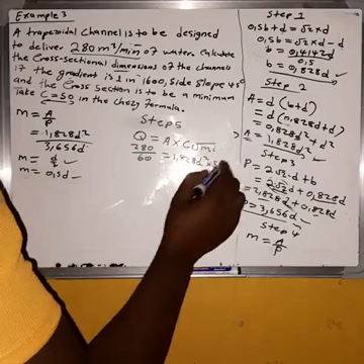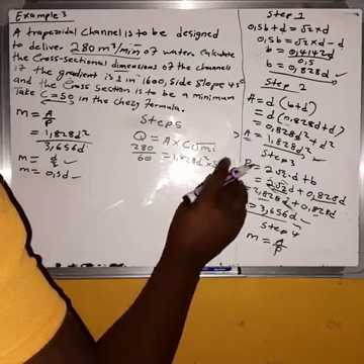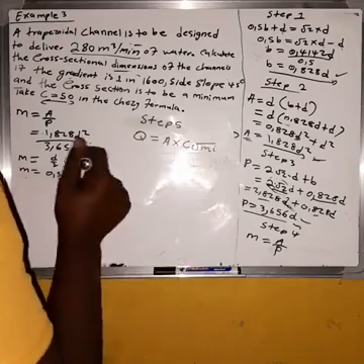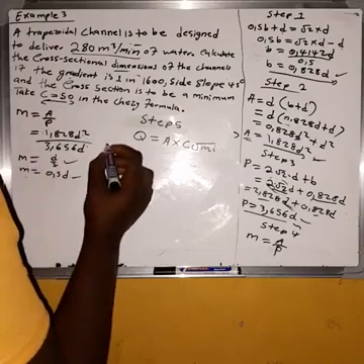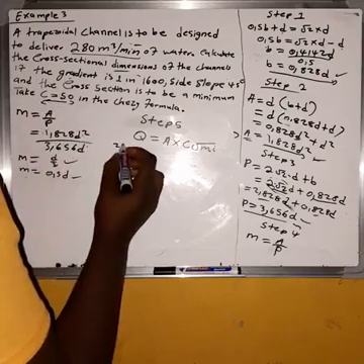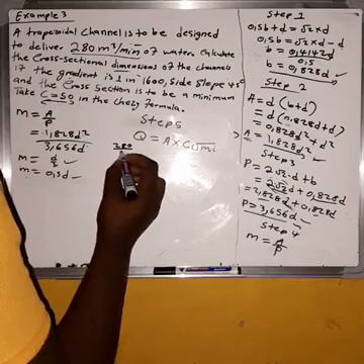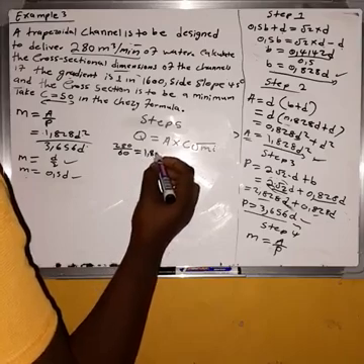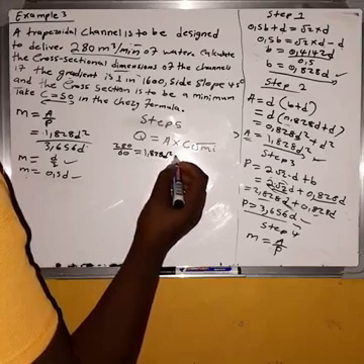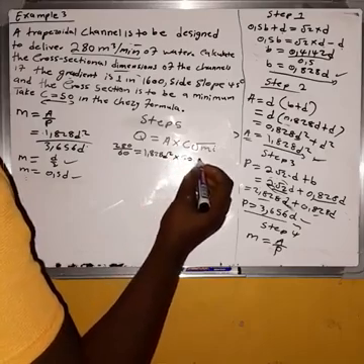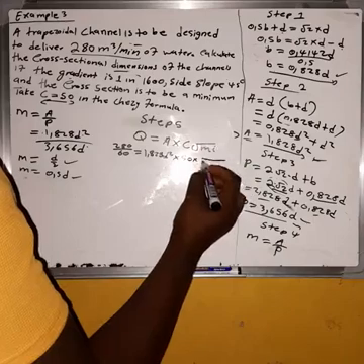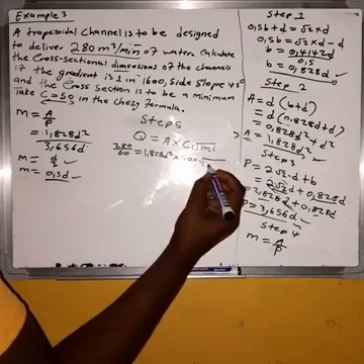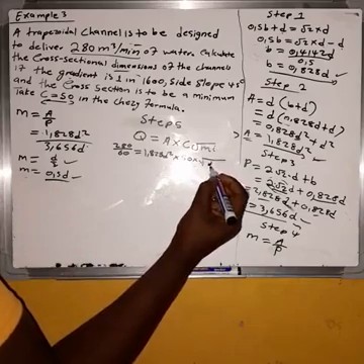Multiply by the square root. Where it's m here, 0.25, or you can simply say D over 2.